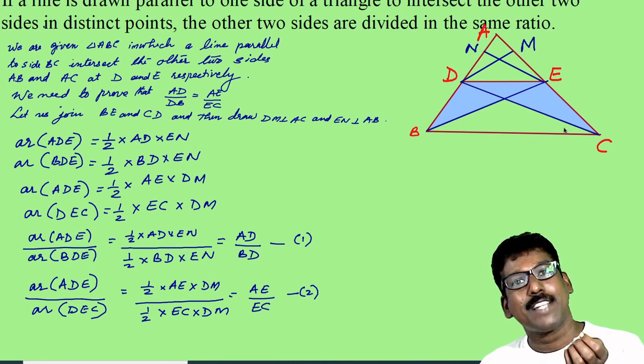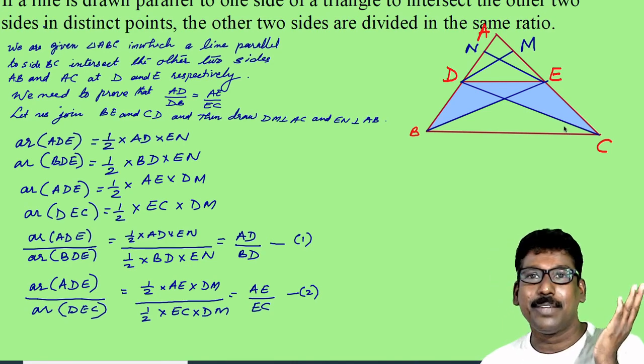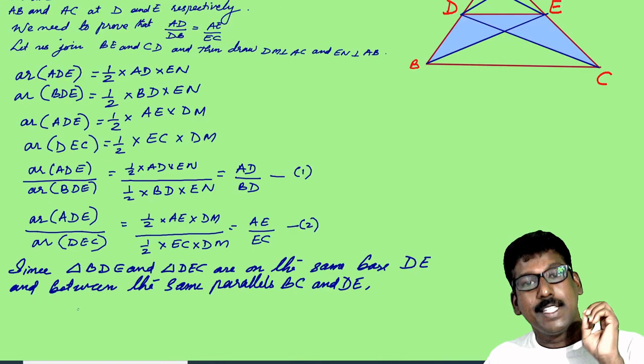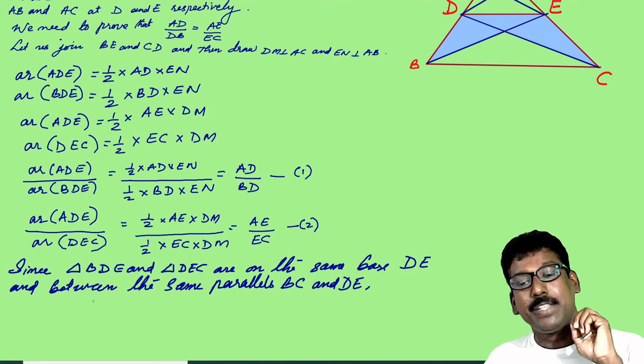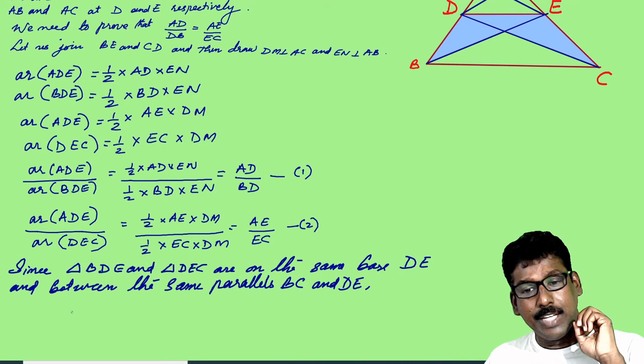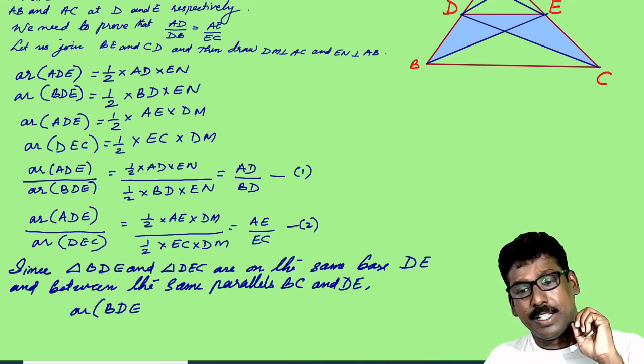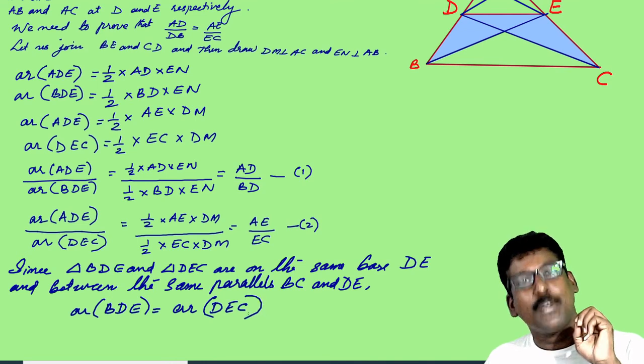If it is so, what is the condition? Their areas are equal. So we can write, since triangles BDE and DEC are on the same base DE and between the same parallels BC and DE, area of triangle BDE is equal to area of triangle DEC. This you can take as equation number 3.